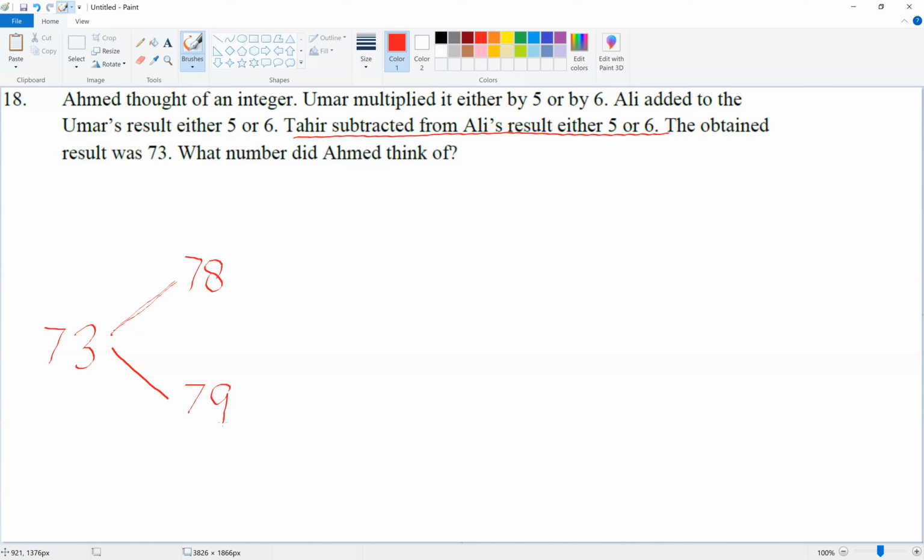So Tahir had either 78 or 79, correct? Yeah. So this is what Tahir had, and subtracted either 5 or 6 and got 73. Okay, next step.